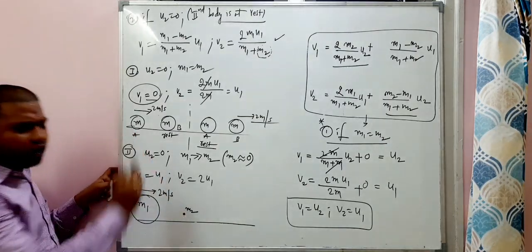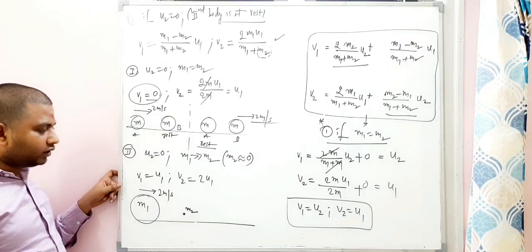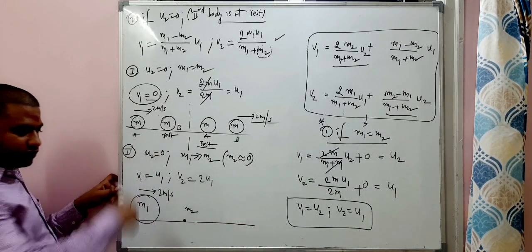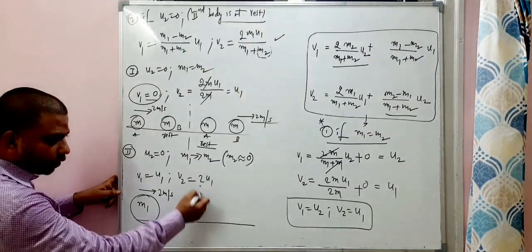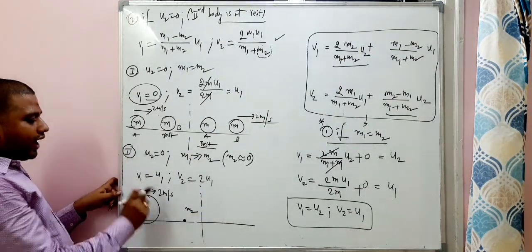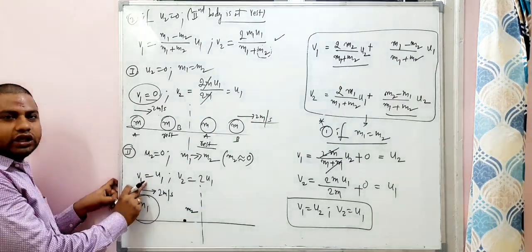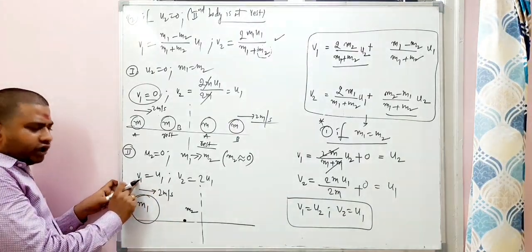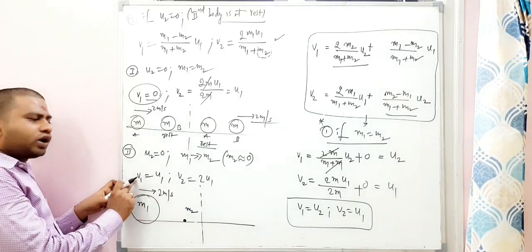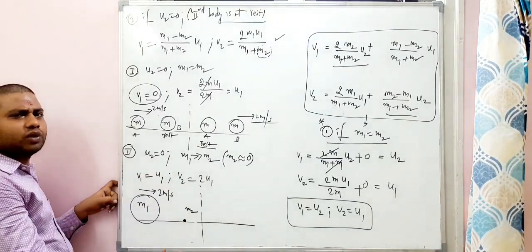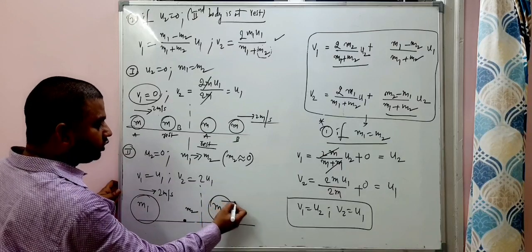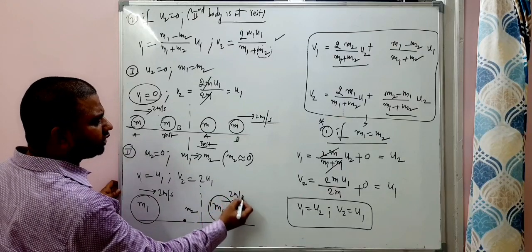After the collision, what happened to the first body? This body will move as usual. The final velocity of the first body is equal to the initial velocity of the first body. So the huge mass m1 moves with the same 2 meter per second.